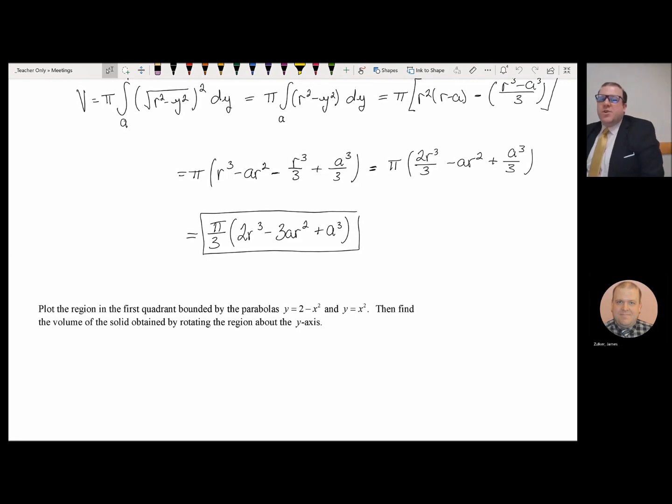Plot the region in the first quadrant bounded by the 2 parabolas y equals 2 minus x squared and y equals x squared. We'll then find the volume of the solid obtained by rotating this region about the y-axis.